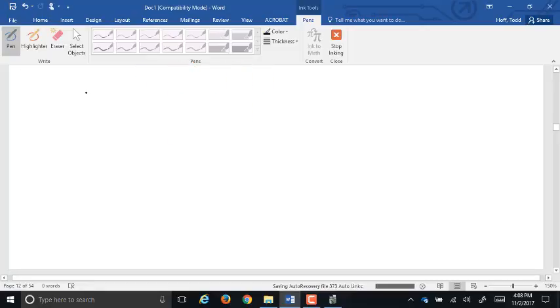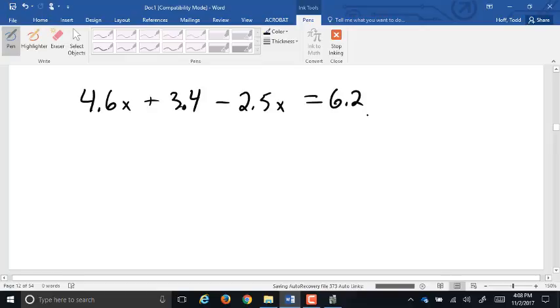Well, let's move on to something like this: 4.6x plus 3.4 minus 2.5x equals 6.2. What's different here?